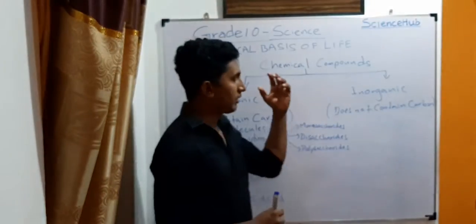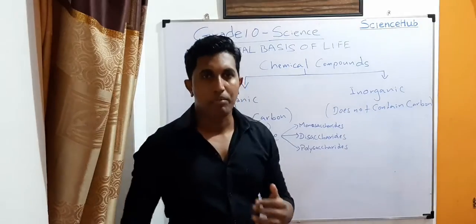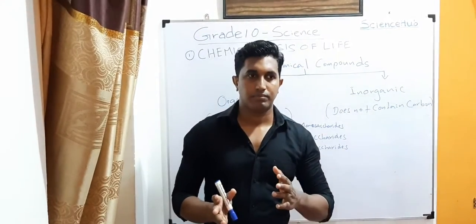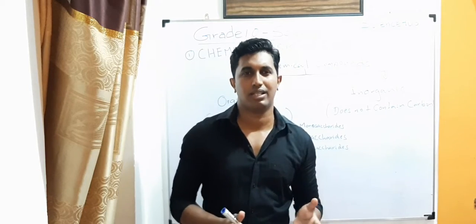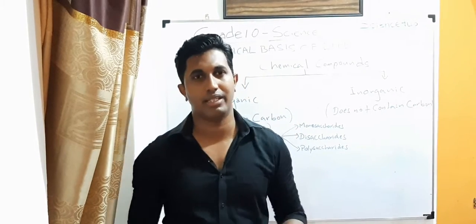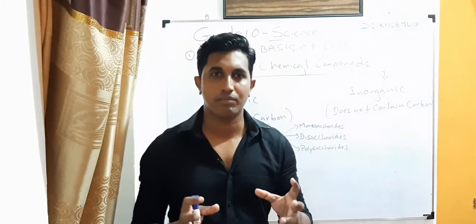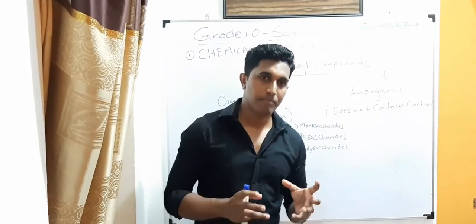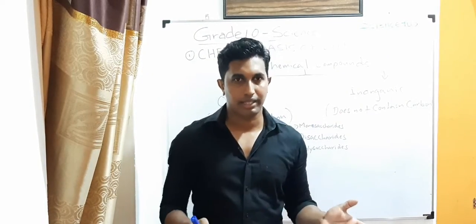When we are considering chemical compounds, what are compounds? In the simplest meaning, a compound is a mixture of some chemical elements. A mixture of some chemical elements is equal to a chemical compound.